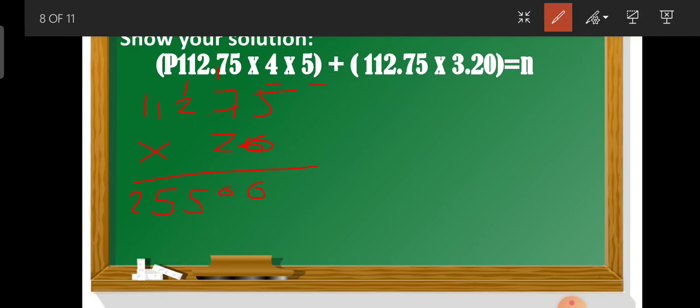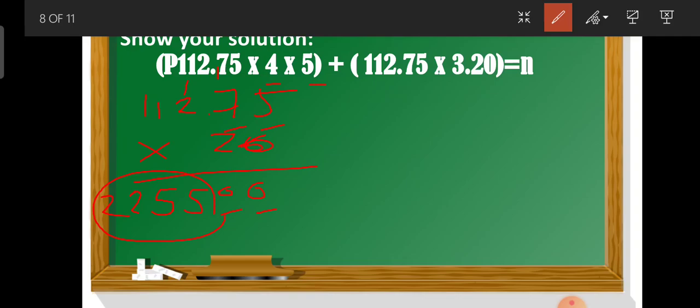Count the number of decimal places, 1, 2. So the answer is 2,255.